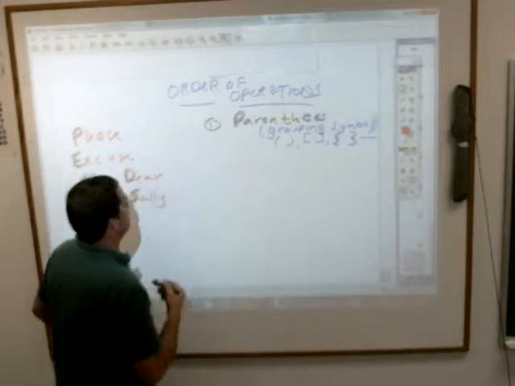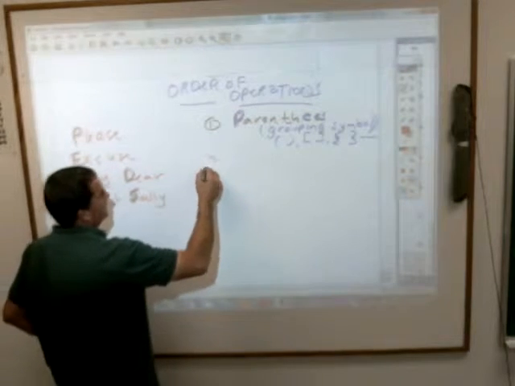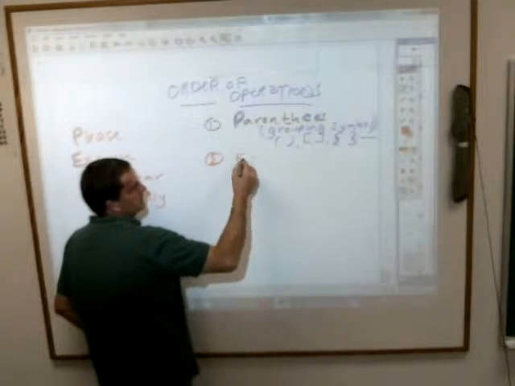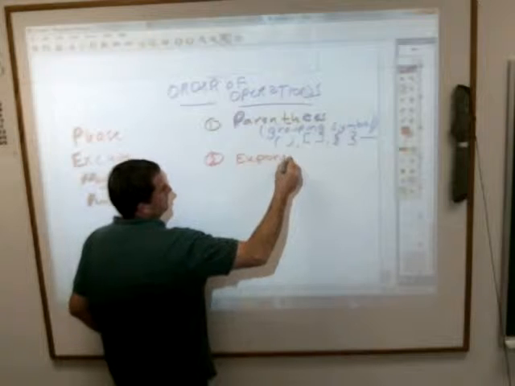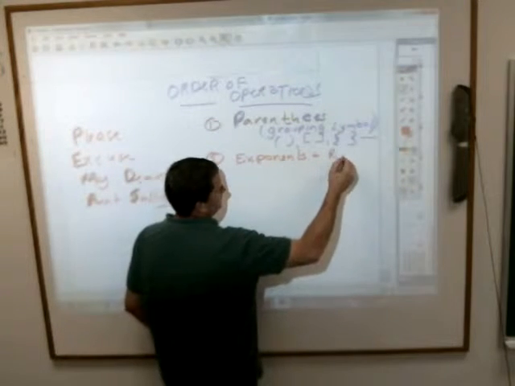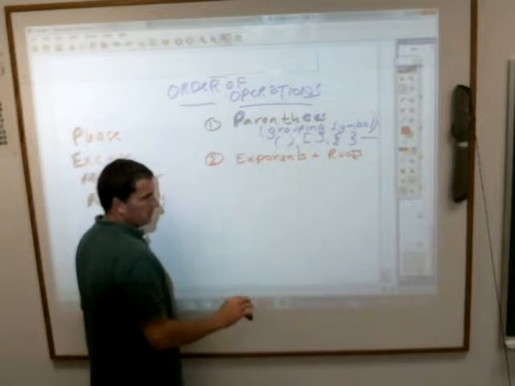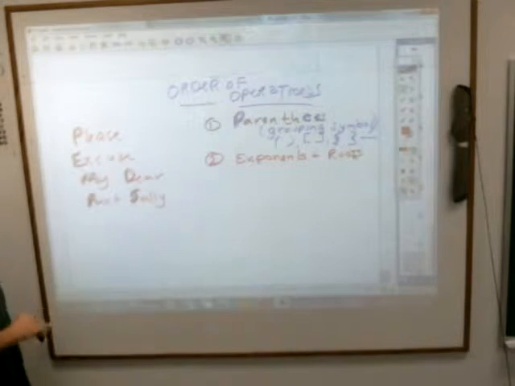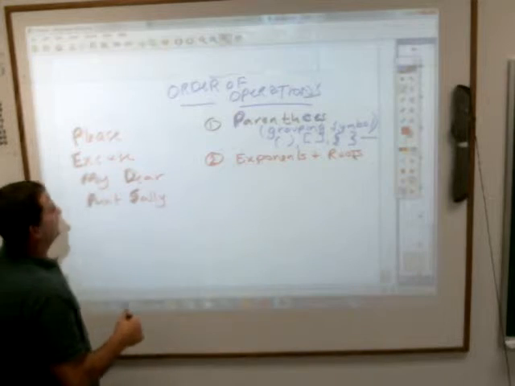After parentheses, then you have to think about doing exponents and roots. Those are the little numbers and the little square roots and the cubes and all that sort of stuff.